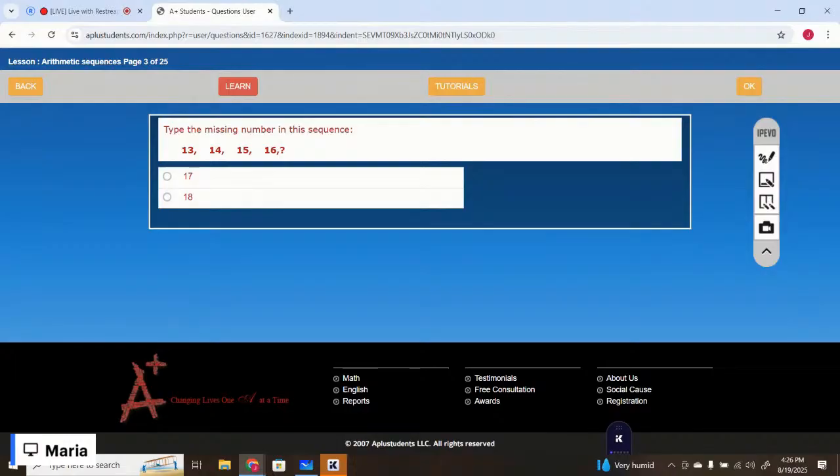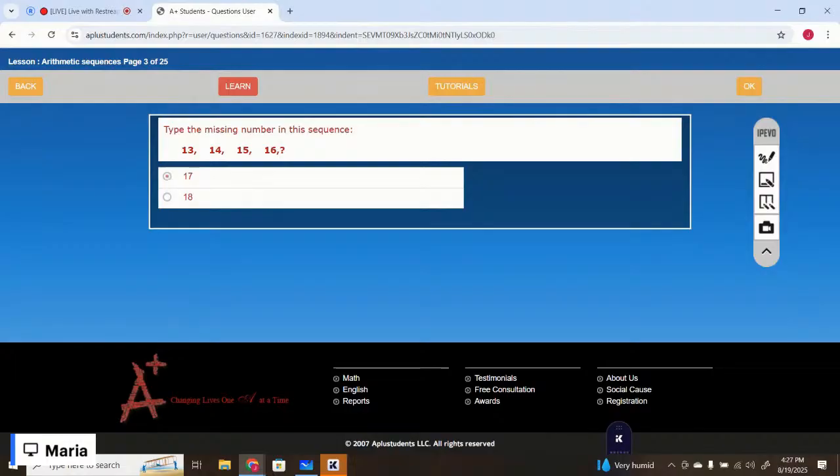Type the missing number in the sequence: 13, 14, 15, 16. The next one is 17.